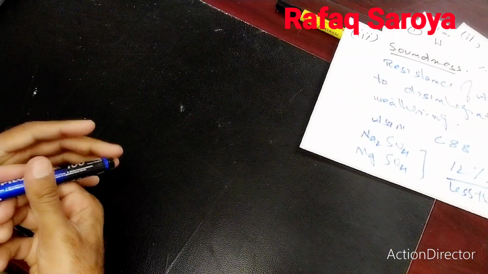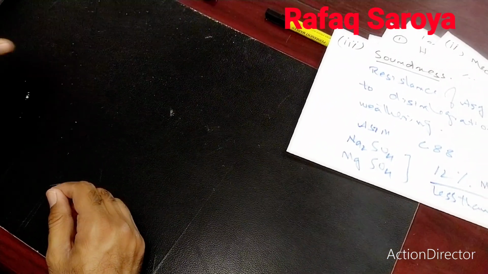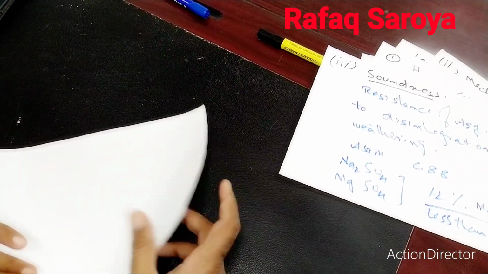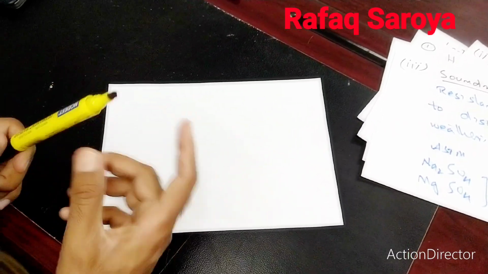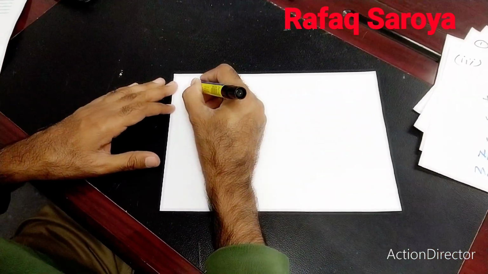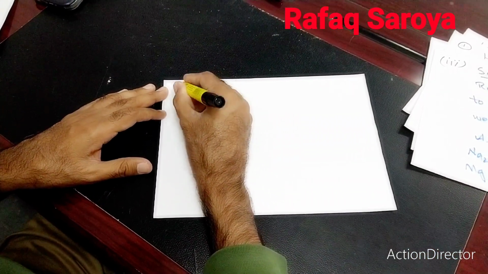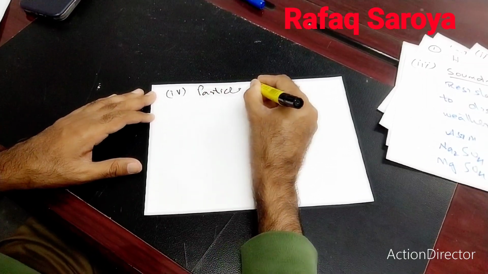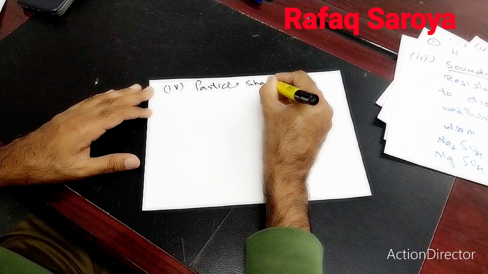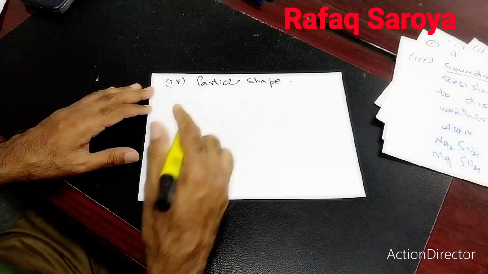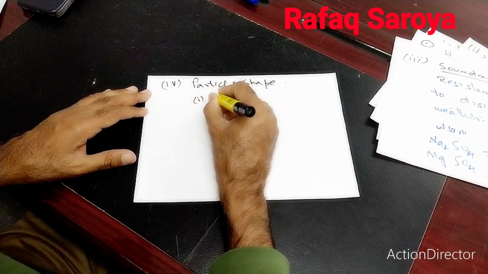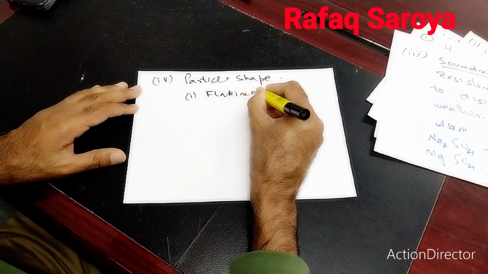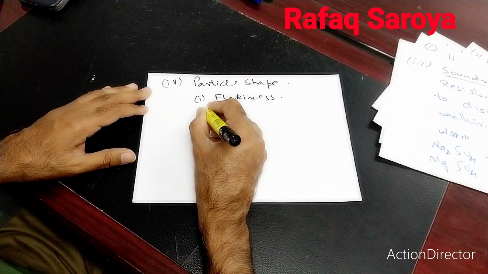After explaining soundness, we are going to explain the other test, which is particle shape. This is the fourth property. Particle shape is studied under two headings: number one, flakiness, and number two, elongation.